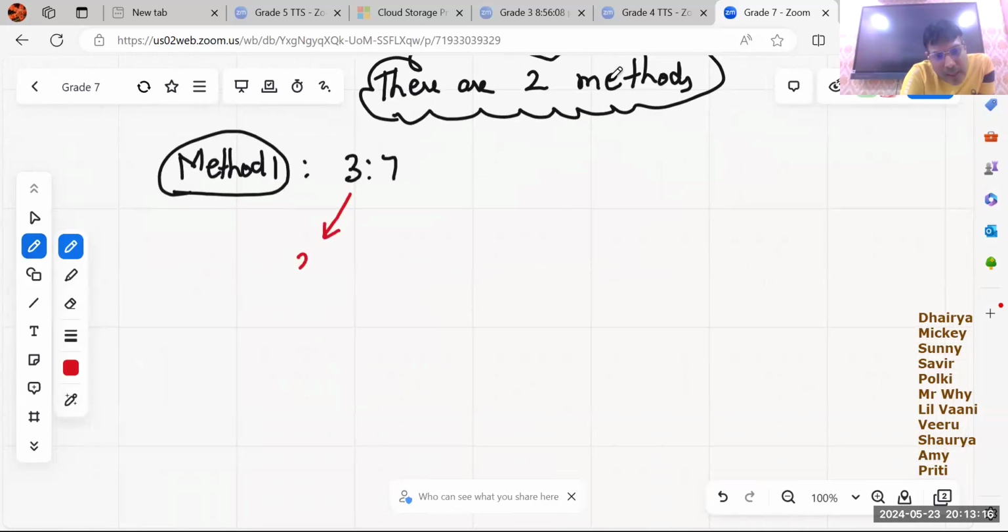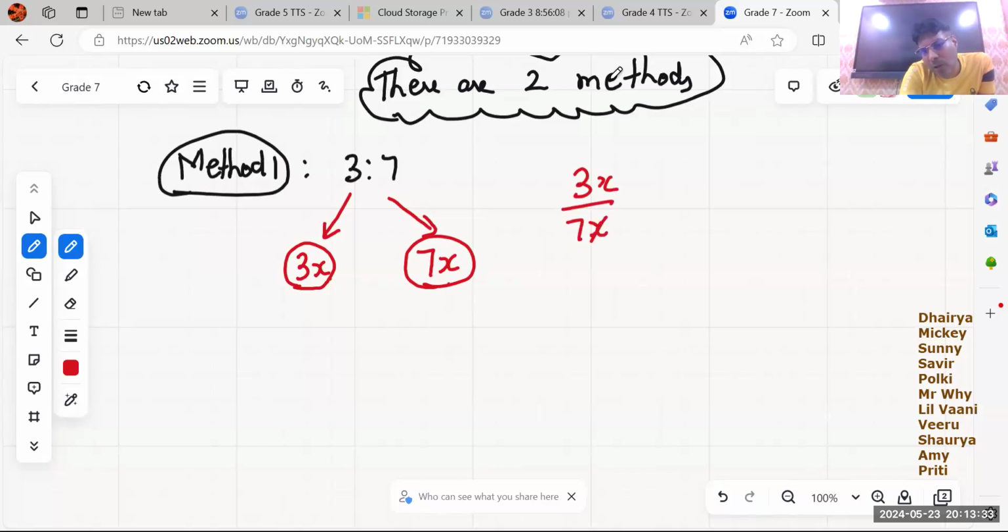Take one as 3x, the other as 7x, because ratios have a common multiple. If the common multiple is x, the other one will become 7x. So 3x upon 7x also gives you, x will get cancelled out, 3/7. So that's why we can suppose one number as 3x and the second number as 7x.